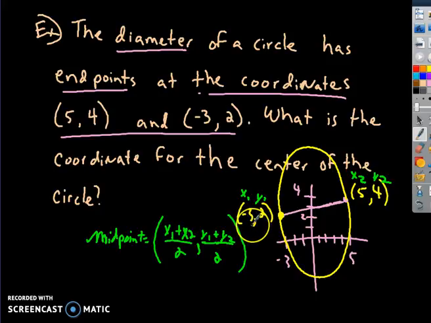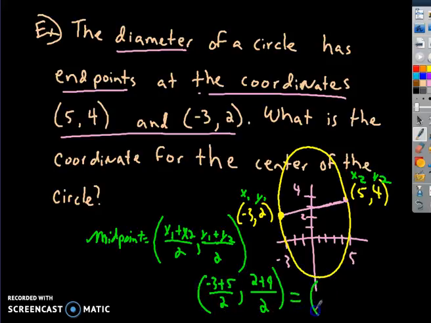If I add up the x's, I get -3 plus 5, divided by 2, comma, add the y's, so 2 plus 4, divide that by 2. Alright, so -3 plus 5 gives you positive 2 over 2, and then 6 over 2.